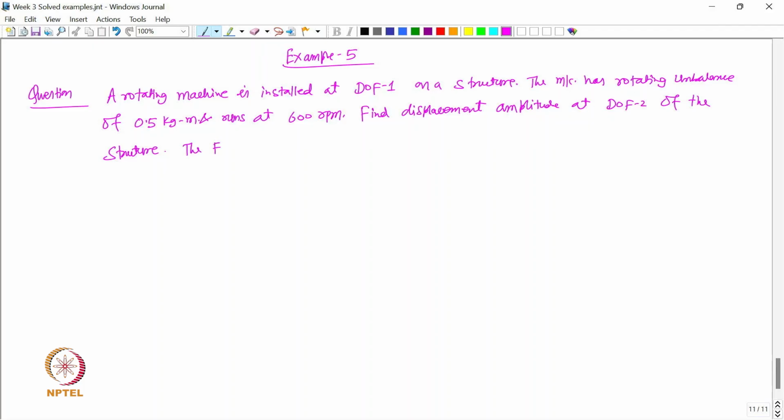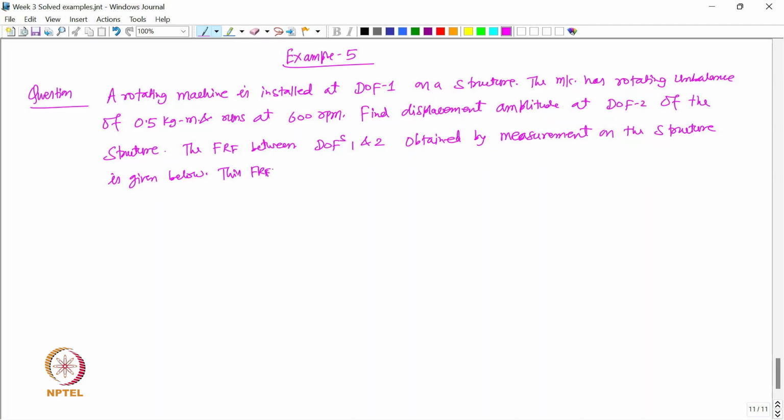The FRF between DOFs 1 and 2 obtained by measurement on the structure is given below. This FRF is alpha 1 2, right.